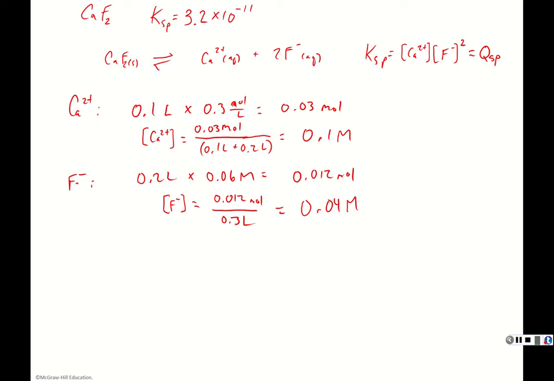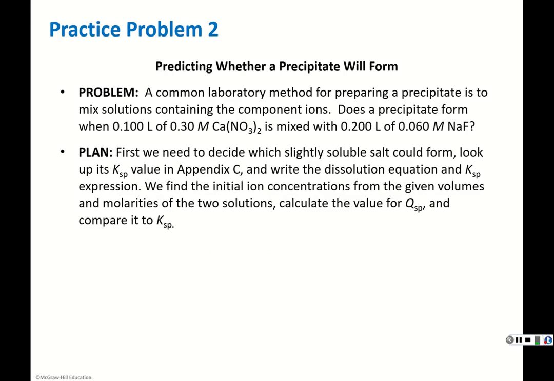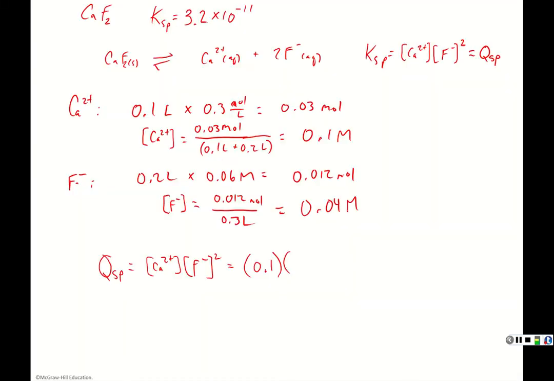Okay, now we need to plug this into our expression for QSP. It's calcium 2 plus times fluoride minus squared. So calcium is 0.1 molar. Fluoride is 0.04 molar, but that is squared.